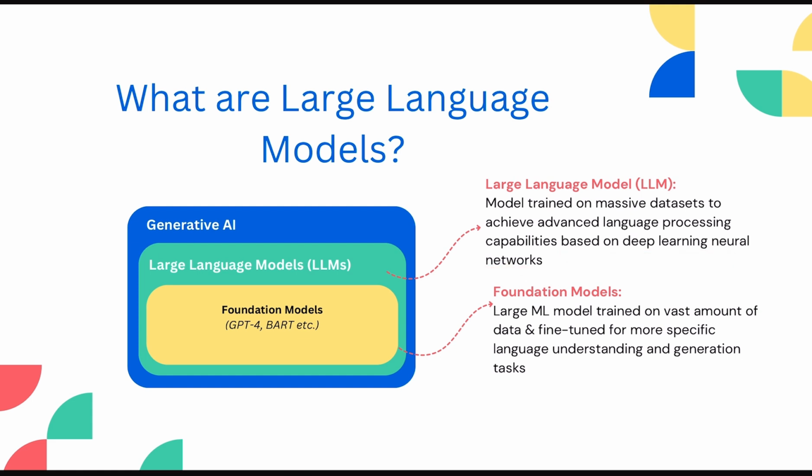Foundation models are large ML models trained on a vast amount of data, which can be fine tuned for more specific language understanding and generation tasks. These models are powerful because of the data they have been trained on, and that gives them a huge capability of generating new data.